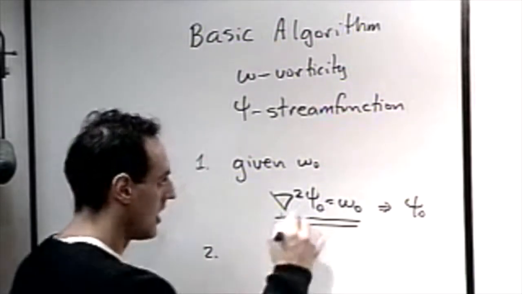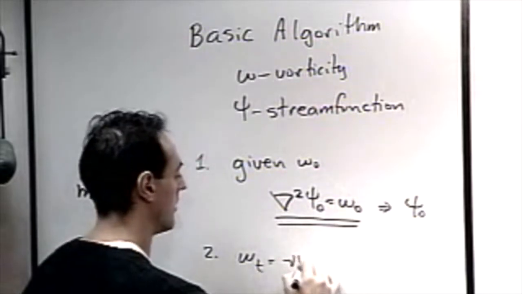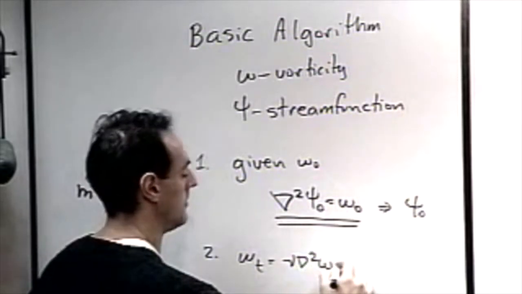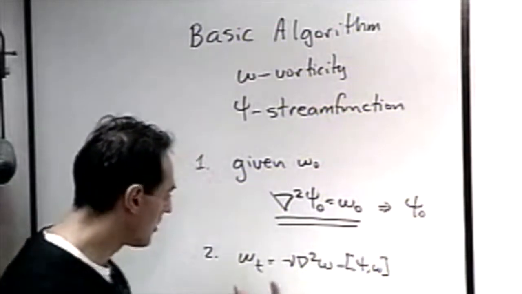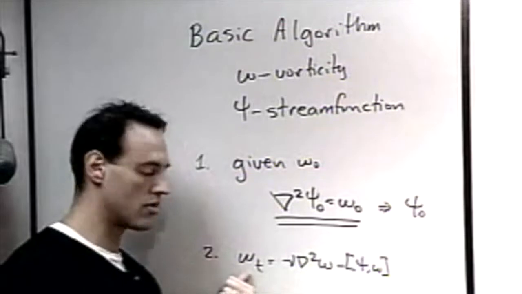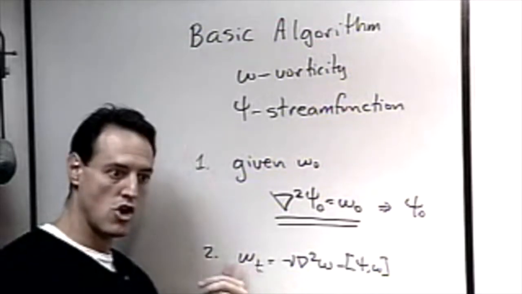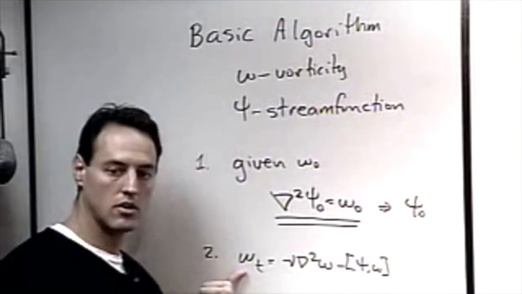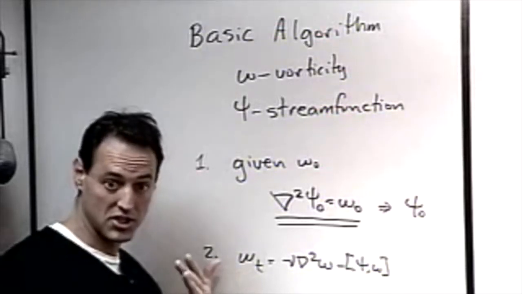Once I have this, I then have to solve this equation here. And notice, what we're going to do is turn this into a big ODE for evolving or updating the solution omega, which is our vorticity, in time.